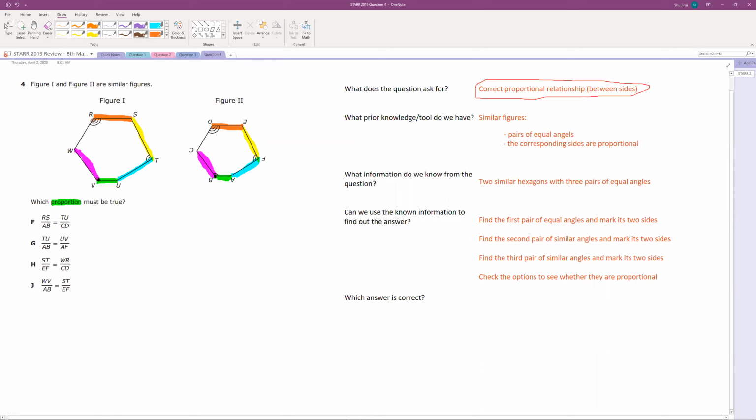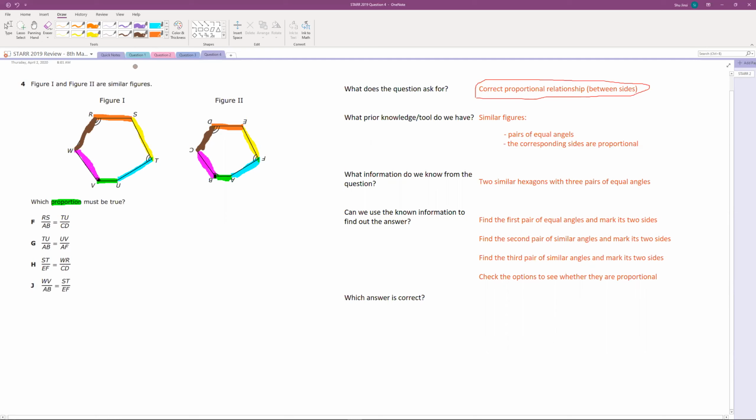So this side RW will correspond to this side of DC or CD. Now we have found the corresponding sides of the three angles. So purple corresponds to purple, green to green, blue to blue, yellow to yellow, orange to orange, and brown to brown. That's their corresponding relationship.